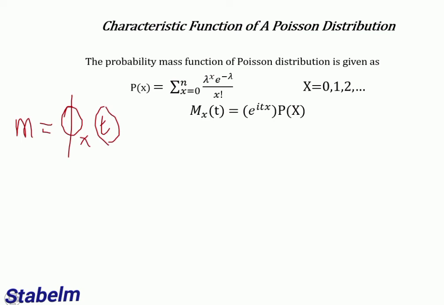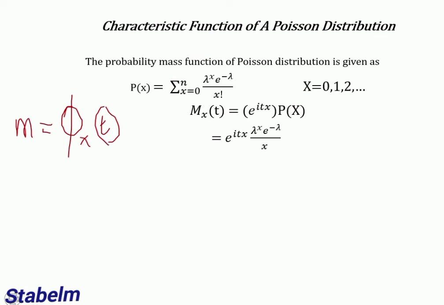What we are dealing with here now is to multiply this characteristic function by this probability mass function, which stands for the Poisson distribution. Now slotting in this p of x, we're going to have exponential iota tx, lambda raised to power x, exponential raised to power minus lambda, divided by x factorial.